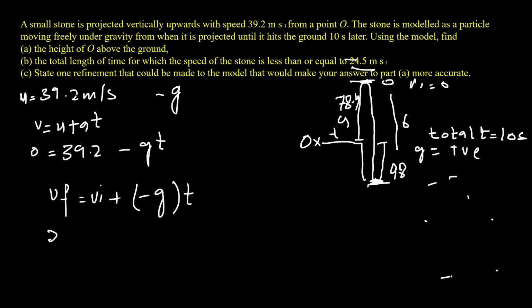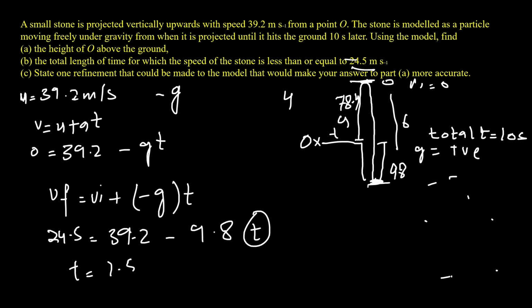So Vf is 24.5, Vi is 39.2, minus g is 9.8 times t. We need to know this time. We know the total time is 4 seconds. So let's see how much we get. So 24.5 minus 39.2 divided by minus 9.8, that's 1.5 seconds. That's t is equal to 1.5 seconds.